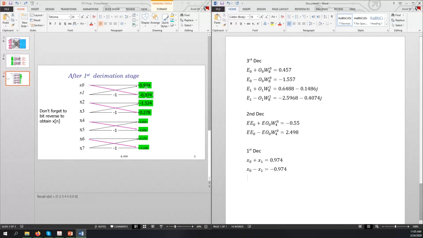And just to highlight the process for x2 here and x3 here. The summation of x2 and x3 will give us this value here, negative 1.524.